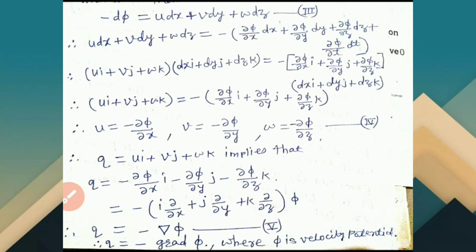Here dx is i, dy is j, and dz is k, and we multiply this equation on both the sides by this dxi plus dyj plus dzk.